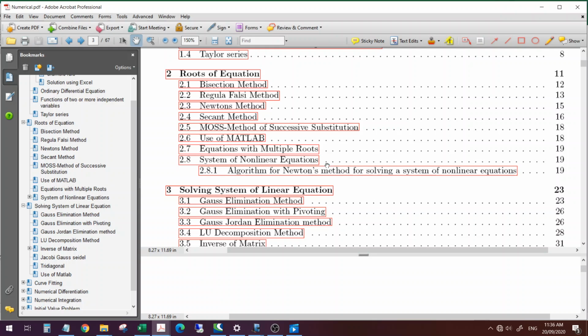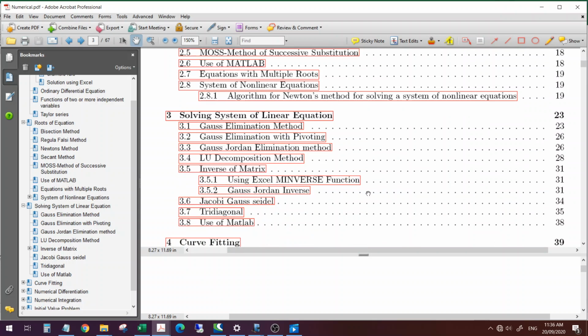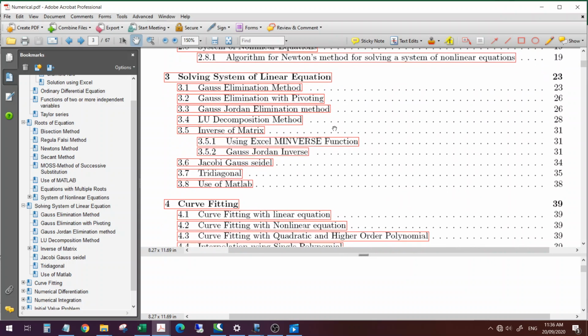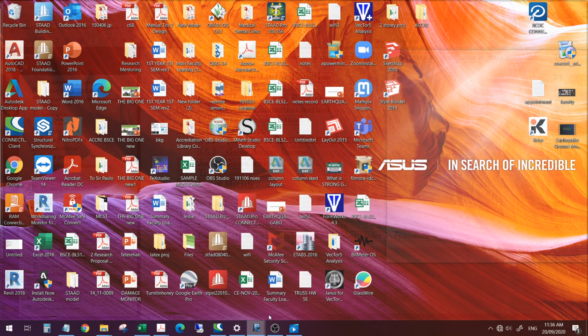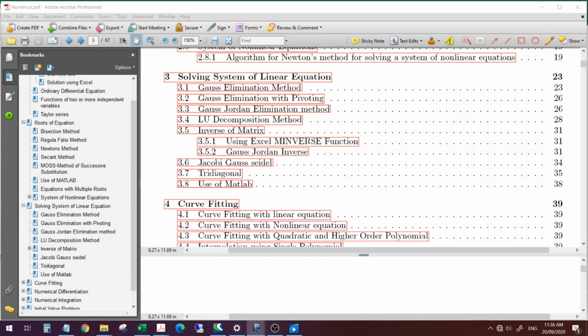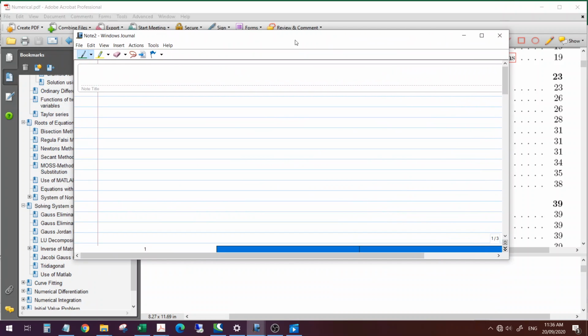So then next is chapter 3, solving systems of linear equations. I think the system of linear equations is used in the majority of software, especially for us structural engineers, where it has direct application, because we are solving structures.